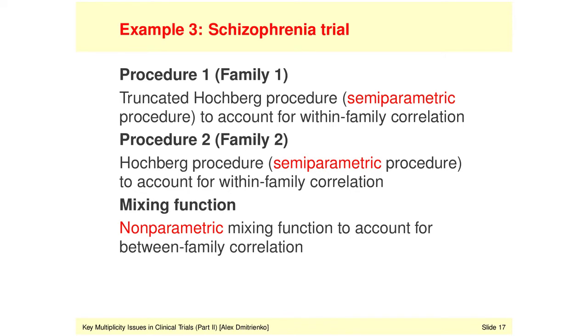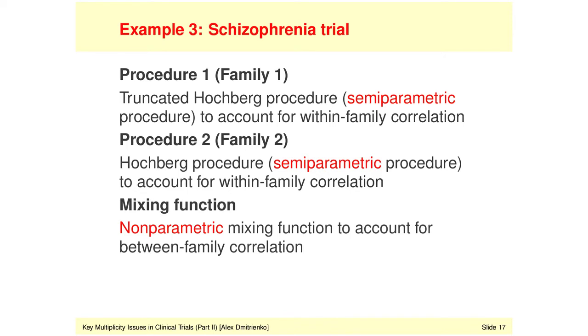In this case, we are forced to use a non-parametric mixing function, but within each of the two families in this multiplicity problem, we could do better than a basic non-parametric procedure. For example, as you can see on the slide, we could consider applying a semi-parametric procedure within the primary family, a Hochberg-type procedure, and also a semi-parametric procedure within the secondary family.